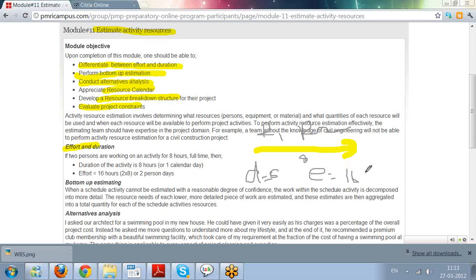So the duration is 1 calendar day, which is 8 hours, and the effort is 16 hours, which the two persons put together are putting into it.